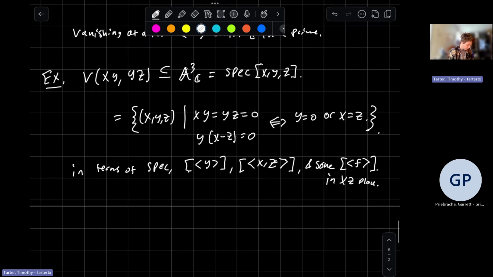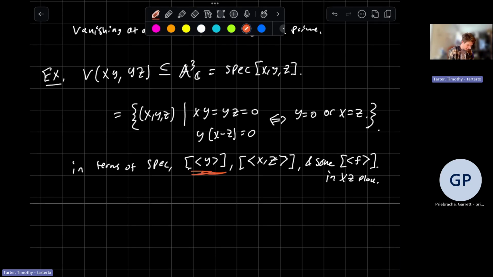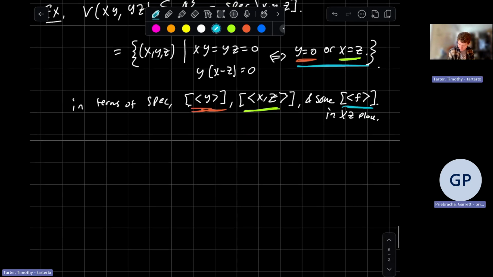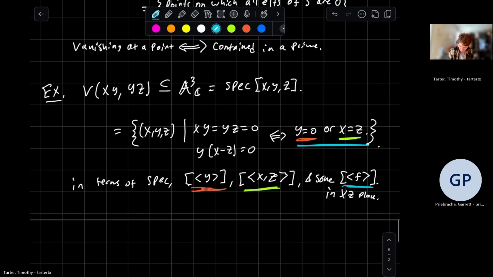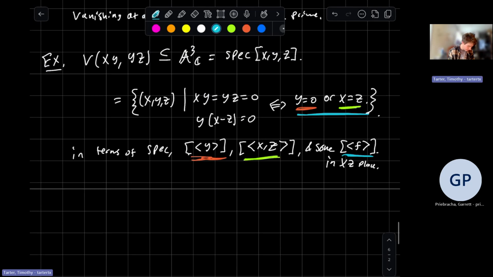Does this make sense, how this corresponds to the condition y equals 0, and this corresponds to the condition x equals z? And this corresponds to both? Yes.